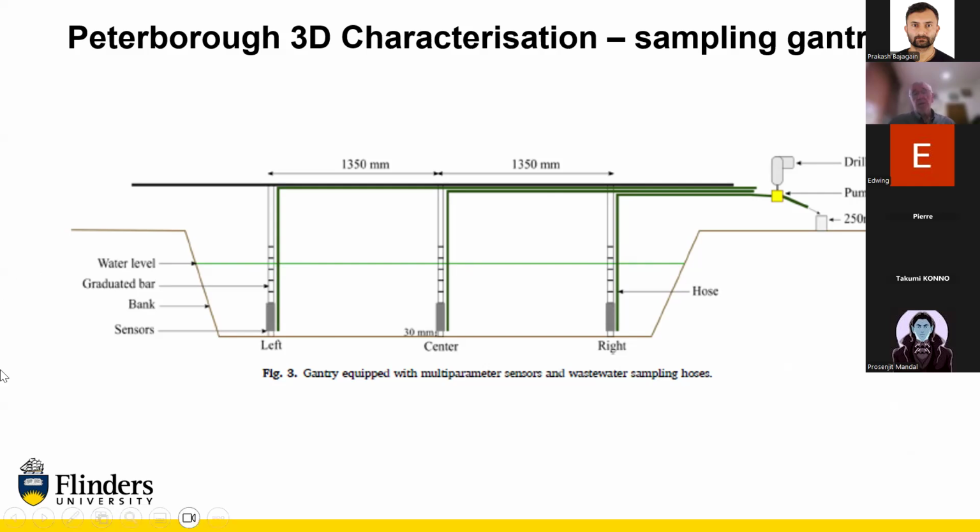We could take measurements by changing the elevation of this gantry. We could take an oxygen measurement at the bottom of the pond, then raise the gantry, take a measurement at the mid depth, and take a measurement just below the surface. So we could get a profile of oxygen, temperature, and pH through the pond depth.